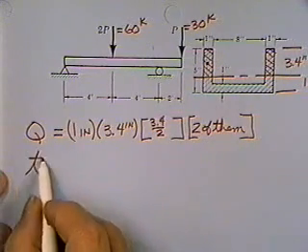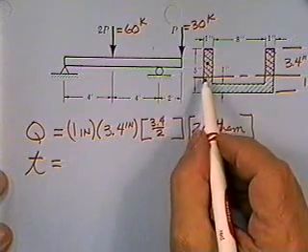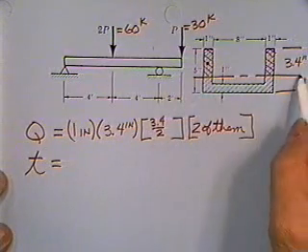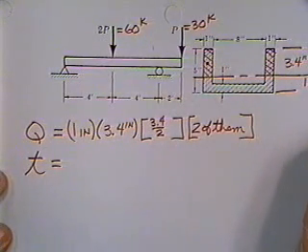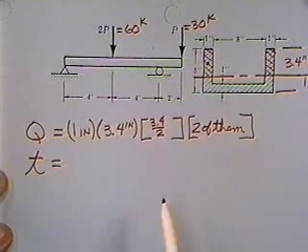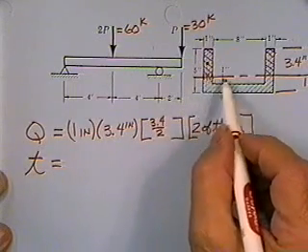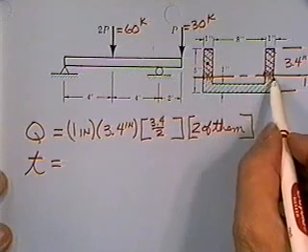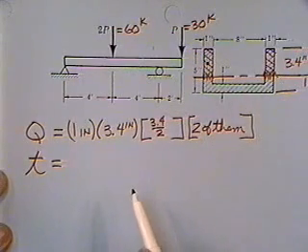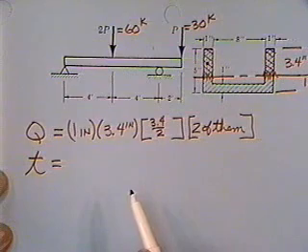Then the thickness of the beam would equal, well, my boss asked me for the maximum stress. That's why I went to the neutral axis. I put a wiggly line, and I crosshatched everything above the wiggly line.